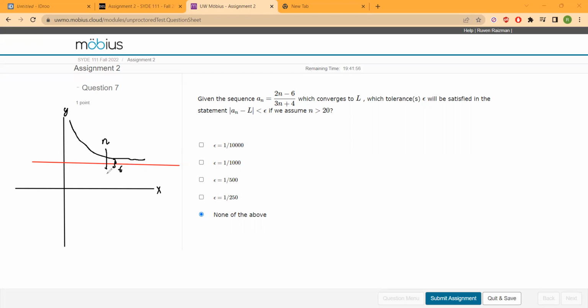Keep this in mind while we're working, and then I'll explain after we solve it. In essence, what we're looking for is if n is greater than 20, then some epsilon, the distance between the sequence and its limit, is going to become smaller and smaller, and those epsilons won't be satisfied.